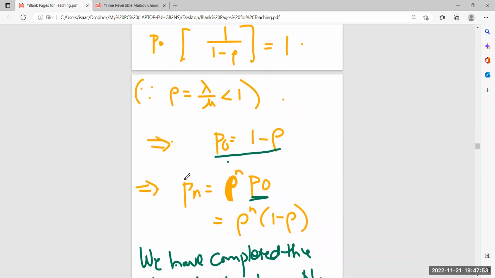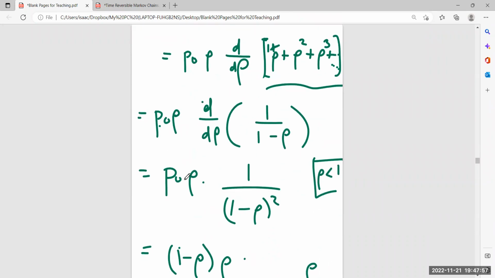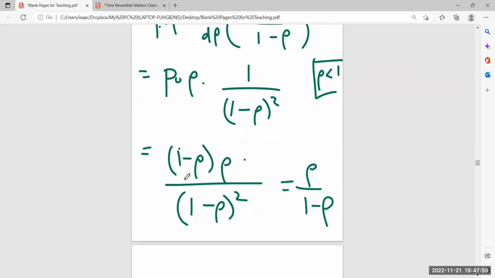Yeah, it's 1 minus rho. So we replace P0 with 1 minus rho, and a 1 minus rho will cancel off here. So you'll get rho over 1 minus rho. So this here is the expected length of the system, right? So this is our LS.